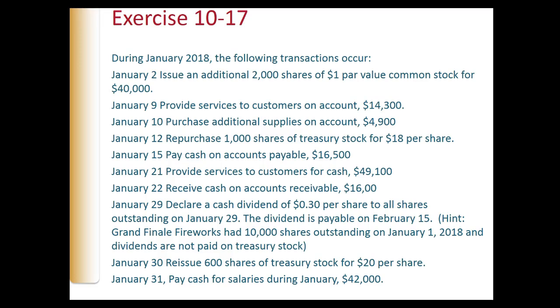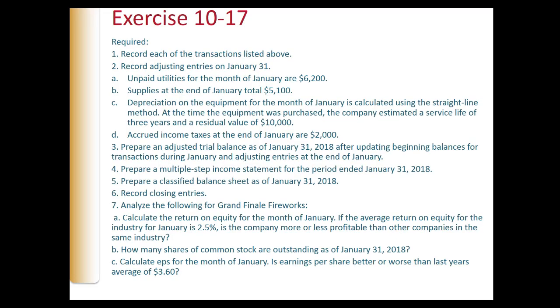On January 9th, provide services to customers on account, $14,300. January 10th, purchase additional supplies on account, $4,900. Anyway, it continues to go on. So we're going to need to record each one of these transactions. And from there, we're going to create some adjusting entries.